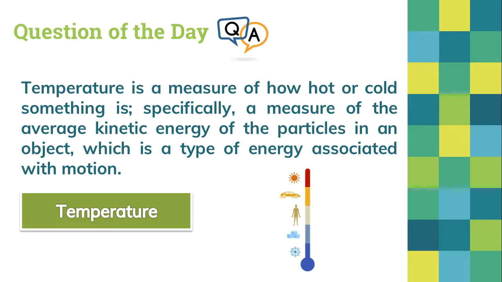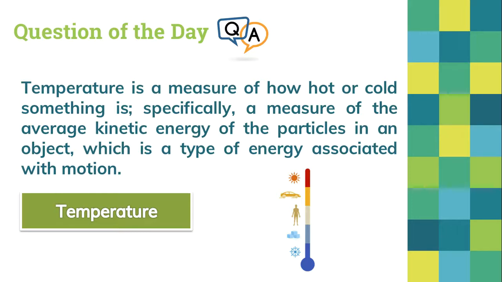And we saw before that thermal energy determines how these particles are moving inside an object, right? It describes the movement of these particles, determining how hot or cold this body is.